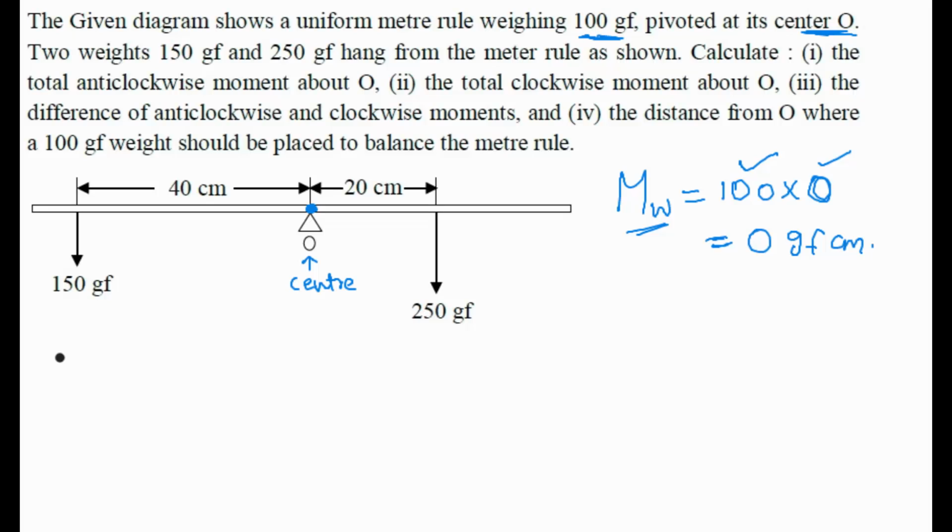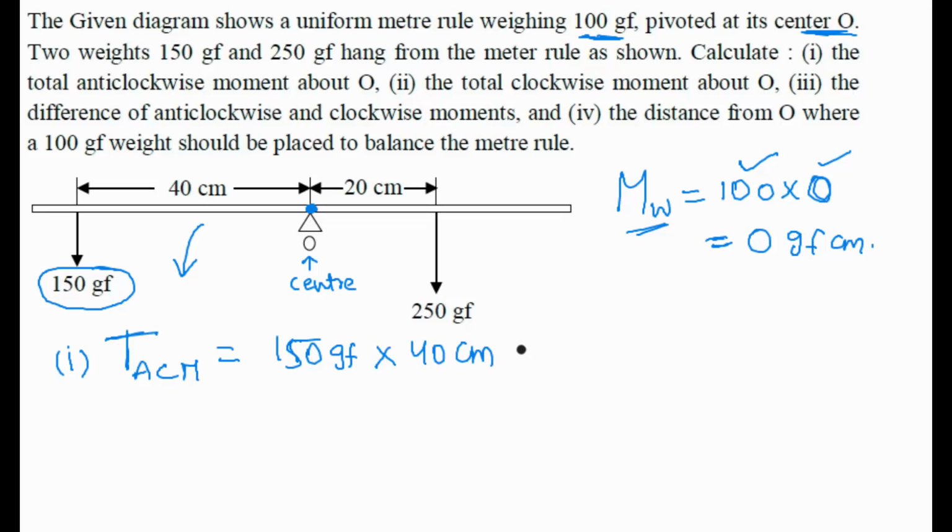Total anti-clockwise moment about O. Total anti-clockwise moment is in this direction. So in this direction it will be due to this 150 GF weight, right? So the total anti-clockwise moment will be equal to 150 force or weight into distance from the center, which is 40 centimeters, which is equal to 9000 GF centimeter.